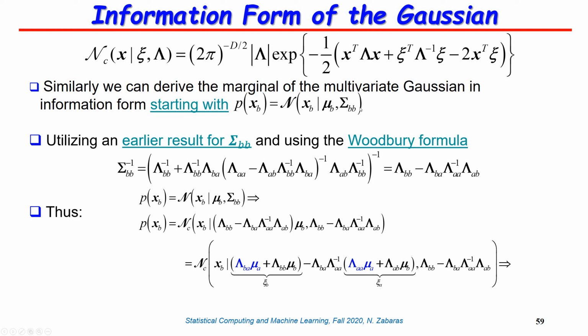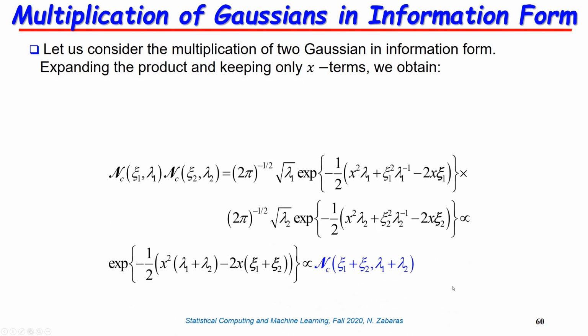So this gives you the canonical form for the marginal if you are interested, and actually the formula for the canonical form of the marginal looks more complicated than in the moment form. It is given by the equation that you see at the bottom, which involves these partitions of the xi vector that I discussed before and the partition of the precision matrix.